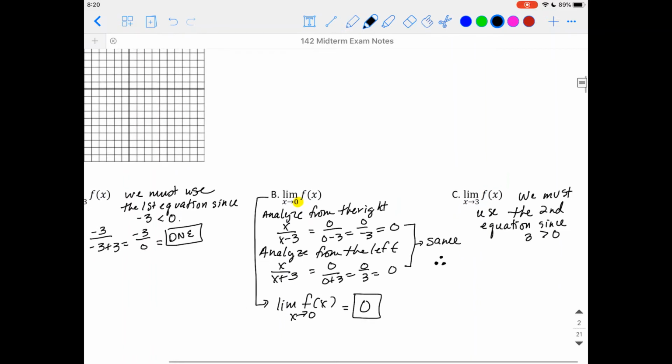So it's going to be x over x minus 3. And we're going to put 3 over 3 minus 3, which is 3 over 0, which is another does not exist.